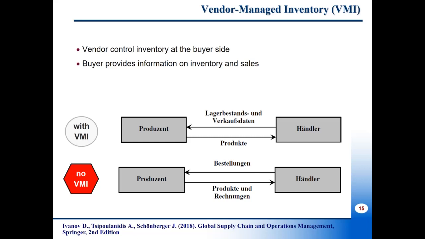In the figure of the current slide, managing inventory is the vendor's responsibility, not the buyer's. The main difference between VMI and non-VMI is that real-time inventory information is made available to the supplier, the manufacturer or wholesaler, and the customer, distributor, or retailer relinquishes the control of inventory to him, and not vice versa.